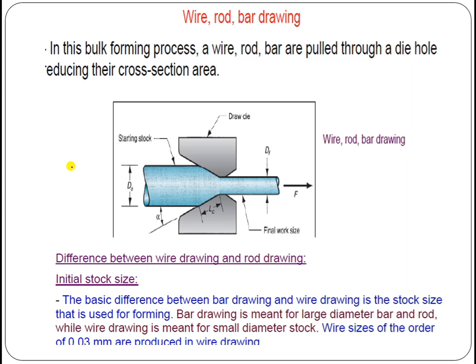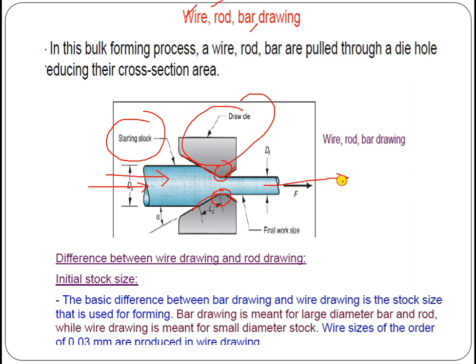Wire, rod or bar drawing, the same kind of thing is there. This is the drawing die. Again, the carbide inserts, or you can say cemented carbide edges, are available here, or the die has that kind of material over this particular surface, so that whenever this raw material, also known as the stock material for the wire, the rod, or the bar, is fed in with certain raw dimensions, finally it will be pulled out.